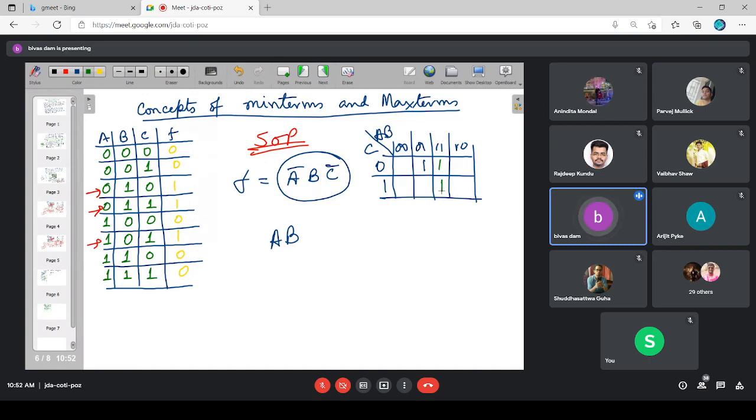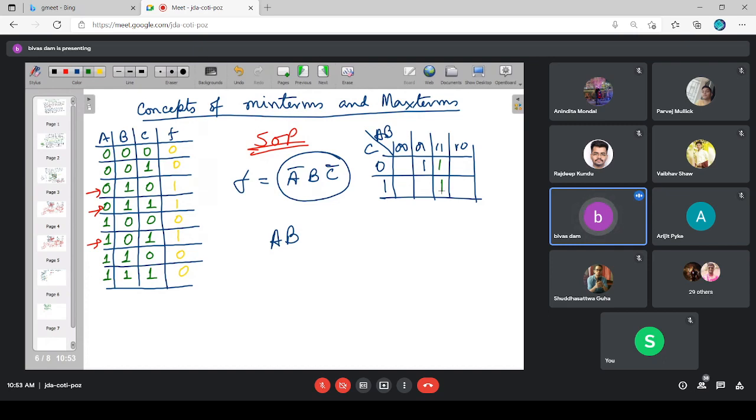So what I find is, if I have a product term where all input variables are present, I repeat, if I have a product term where all input variables are present, in that case, that product term will lead to only one cell in the Karnaugh map.